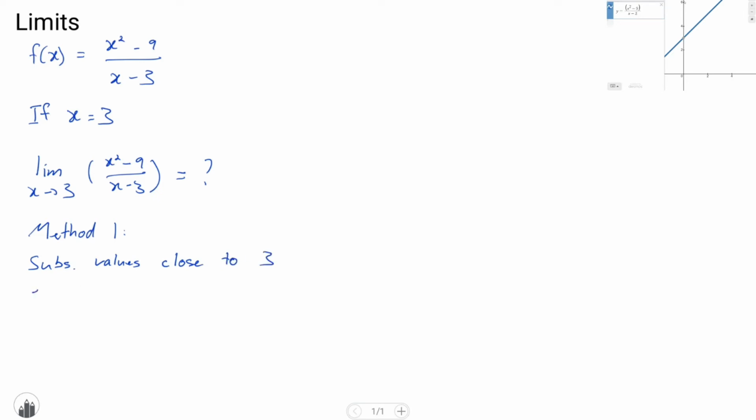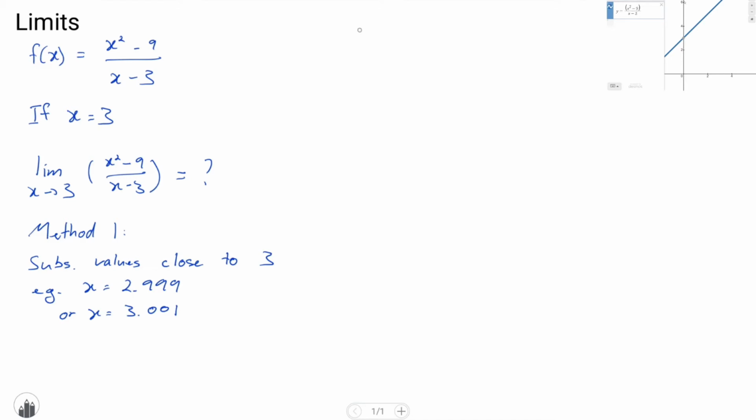For example, one value we might substitute is x equals 2.999, which is obviously really close to 3. Or x equals 3.001. Both of those values are incredibly close to 3 without being equal to 3, and we can see how that shows us what the function approaches.